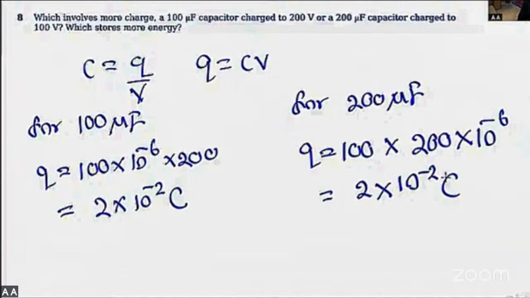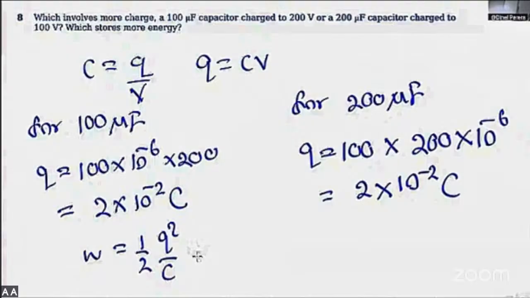Now they ask which stores more energy. We can use Q squared over C. Here Q is constant for both capacitors.